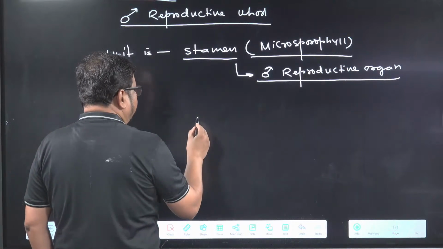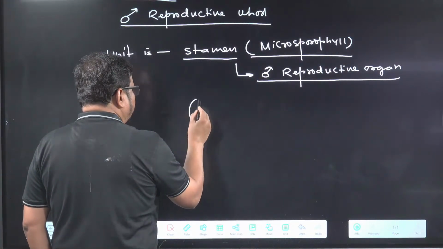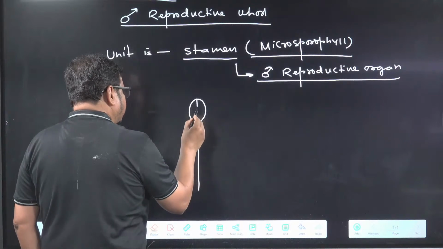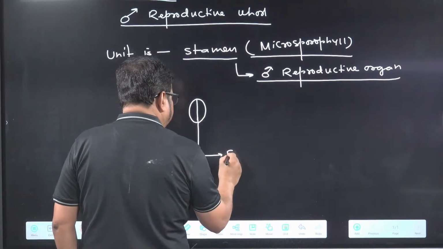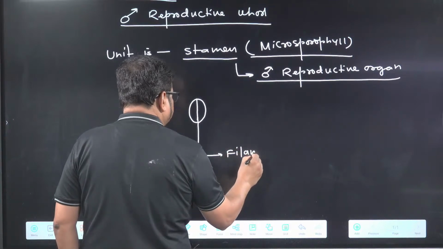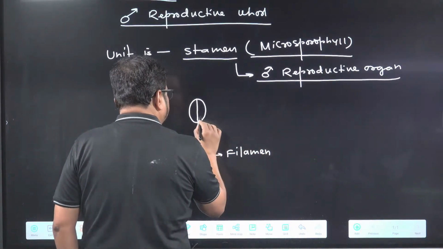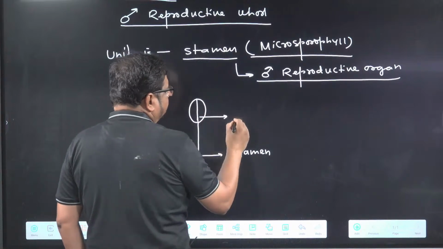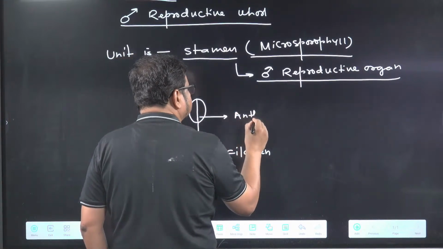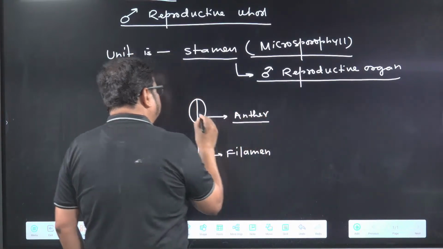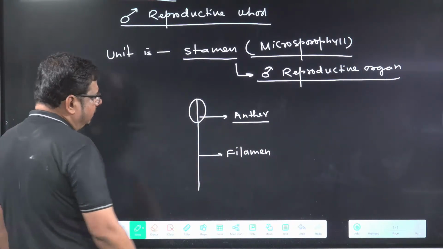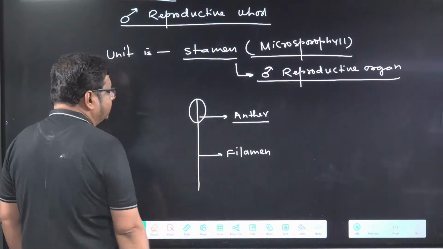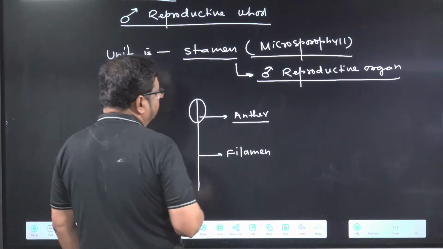what we are finding here, we are finding two types of parts. One is filament and another is which one? Anther. Here the knob-like structure is anther and the stalk-like structure is what? Basically filament.